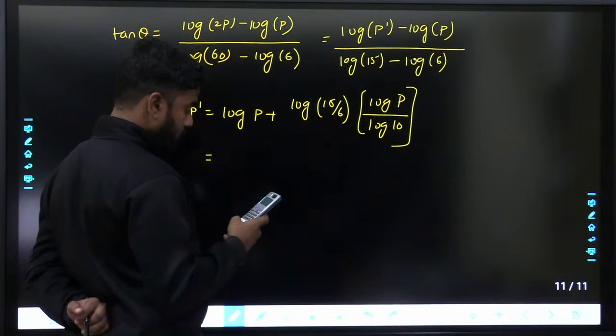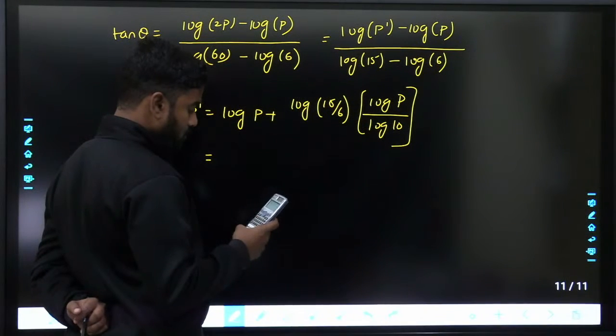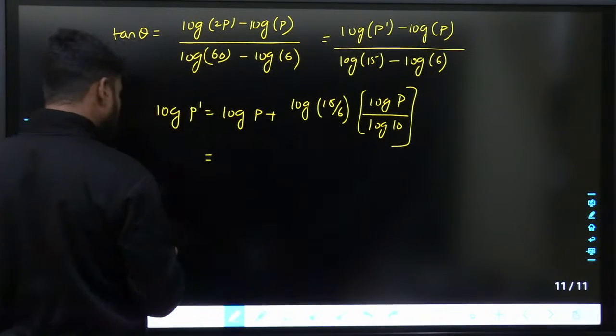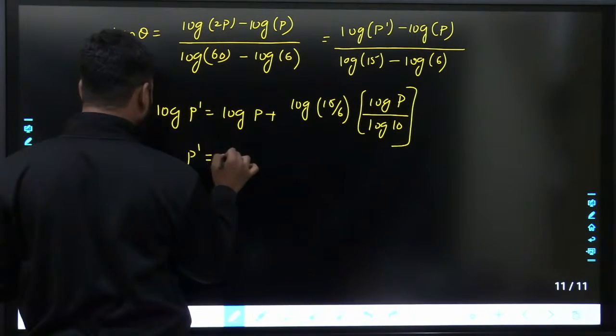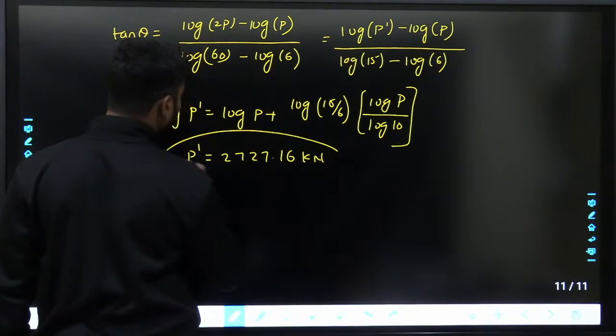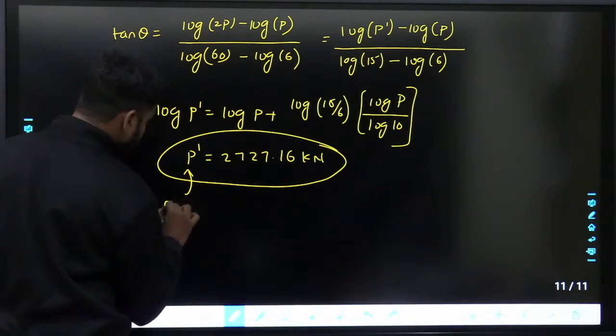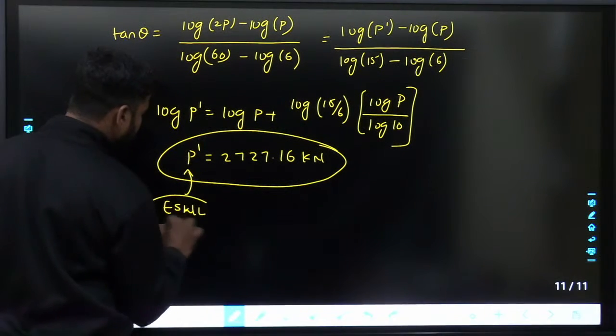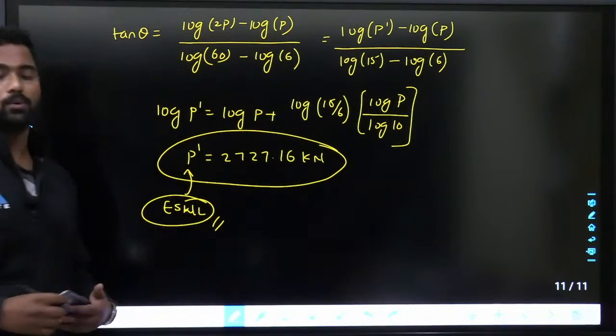That gives 0.123 plus log 2050, and 10 to the power of the answer. So P dash would be somewhere around 2727.16 kilo Newton. That is ESWL.